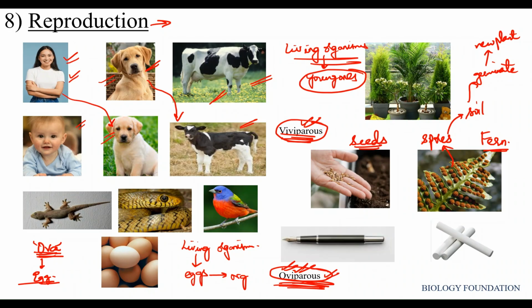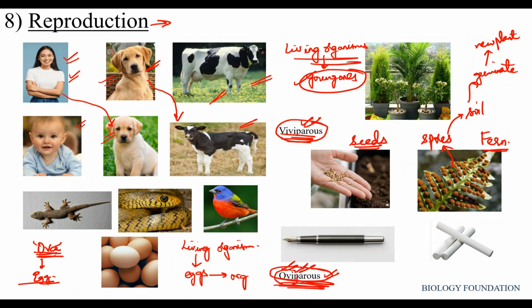So living organisms like human beings give birth to younger ones. Certain animals like cows, dogs, cats, deer, give birth to young ones. Whereas certain animals like lizards, most reptiles, and birds lay eggs. Such organisms which lay eggs are said to be oviparous.